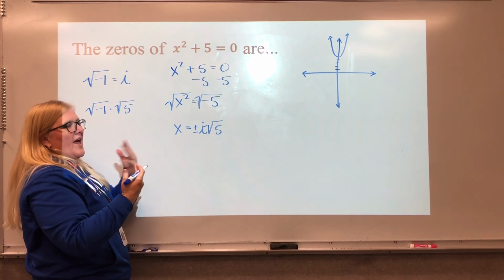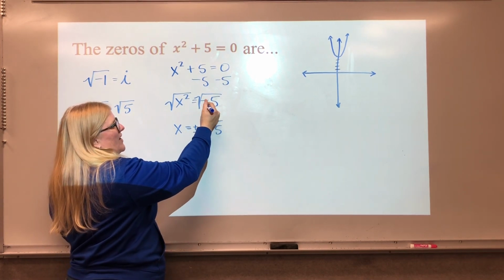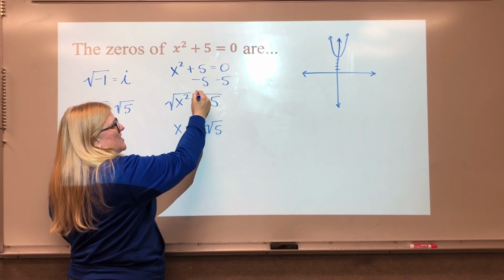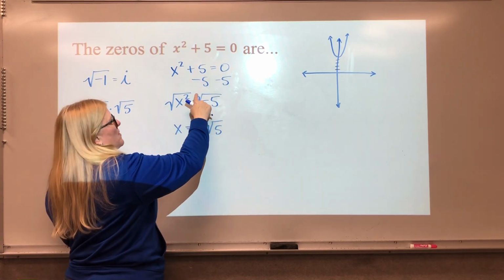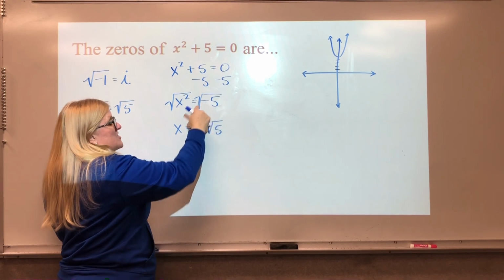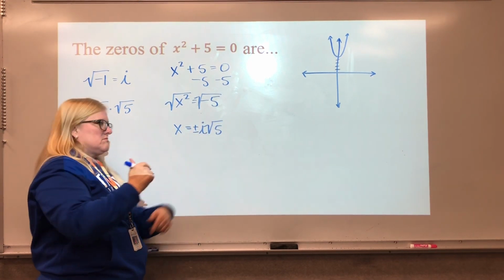All right, so the way I kind of think of it is it's like you're taking this little line right here and you're taking it out and you're putting it in the front and making an i out of it, okay? You could think about it that way, all right? So these are imaginary roots.